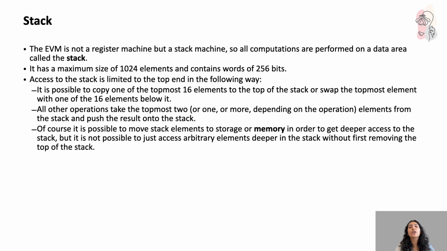The stack can hold up to 1024 elements, and each element is 256 bits wide, such that I can store 1024 elements. All arithmetical, all logical, all functional operations happen right here.